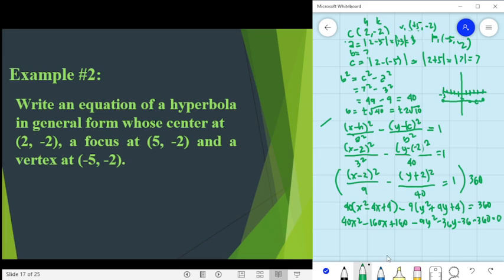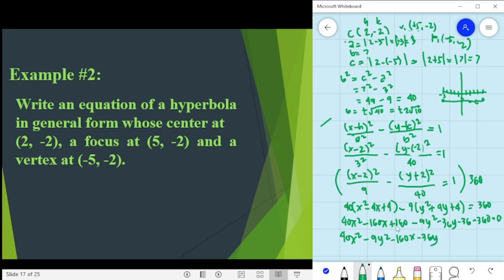So simplifying further, we can now have 40x squared, then minus 9y squared, and then copy negative 160x, then copy also minus 36y.